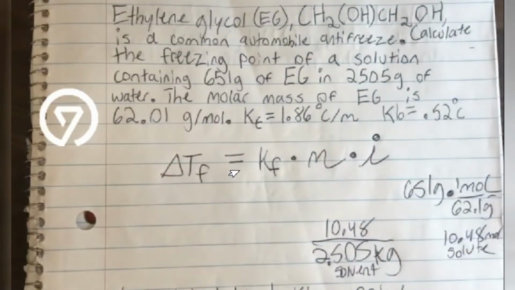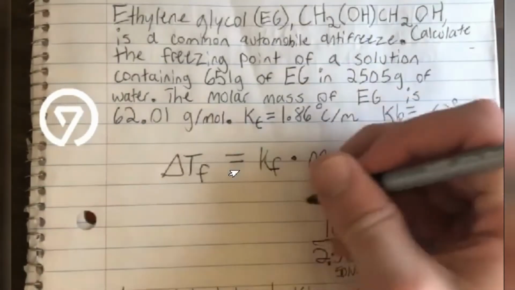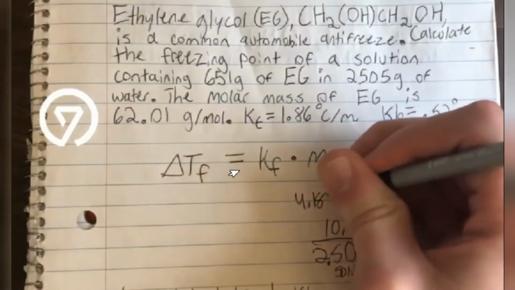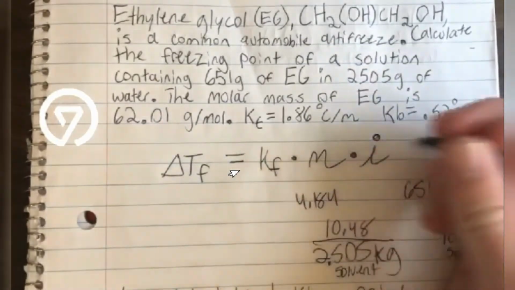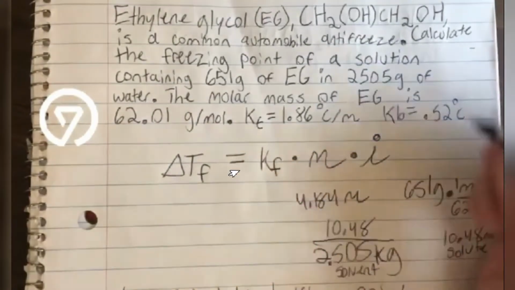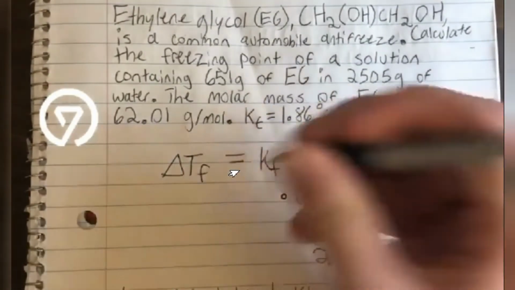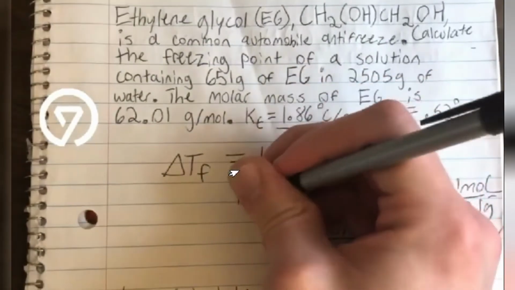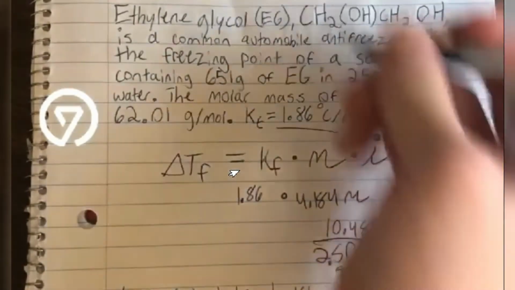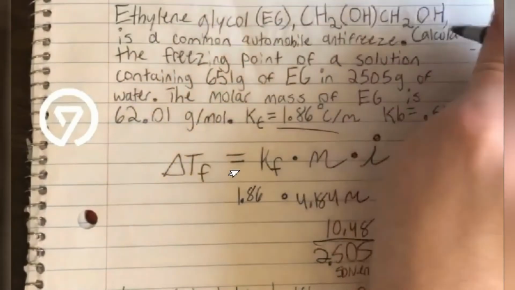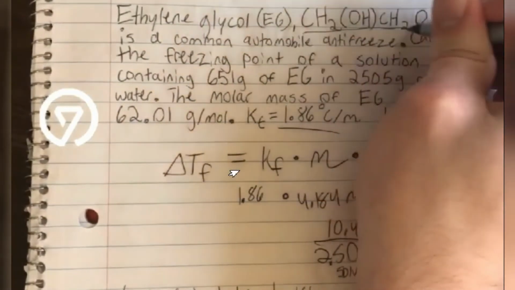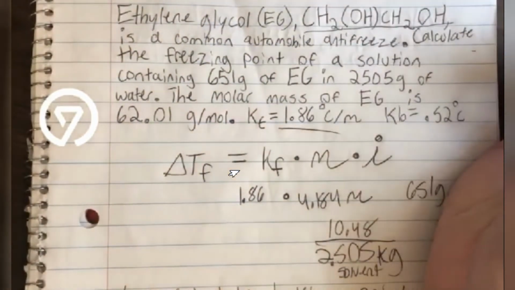Now we divide that out. 0.184 is going to be the molality. And then we need the constant, which is right there. And is it a dissociating ion? Let's see. Well, it's not a strong acid. It's not ionic.